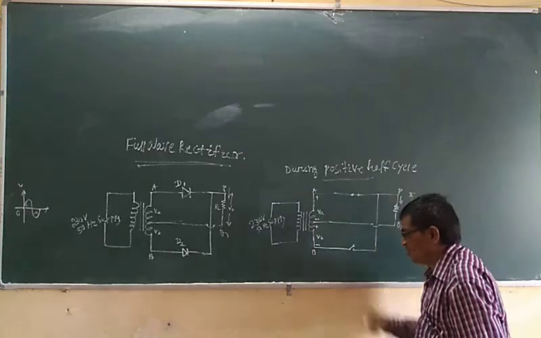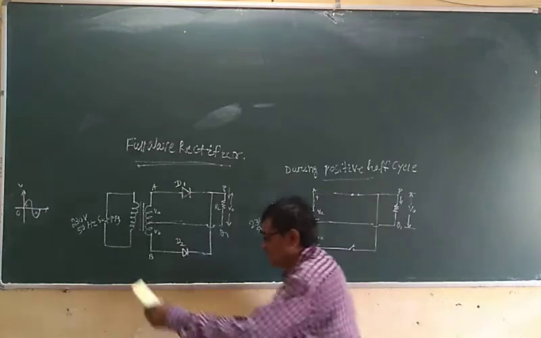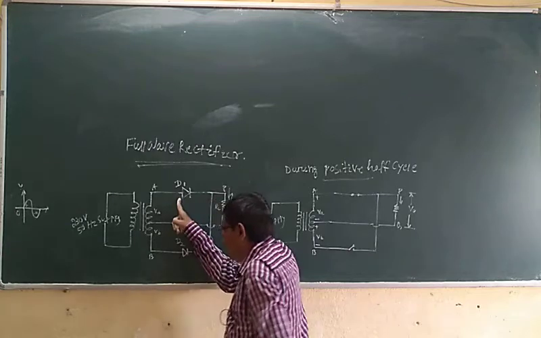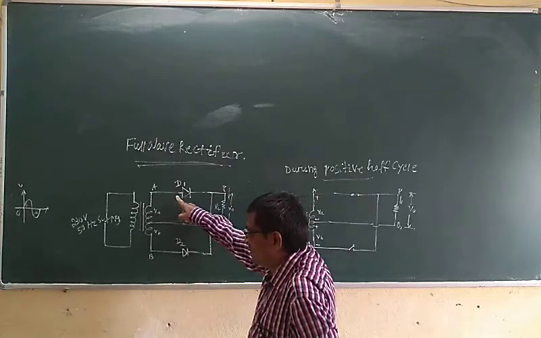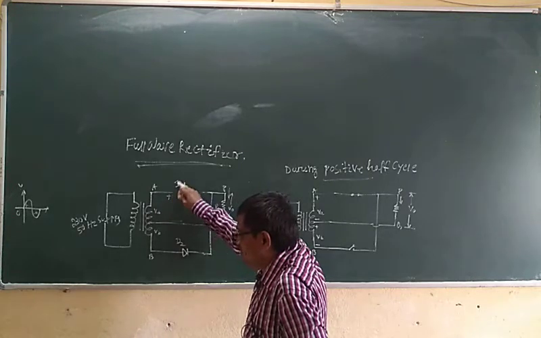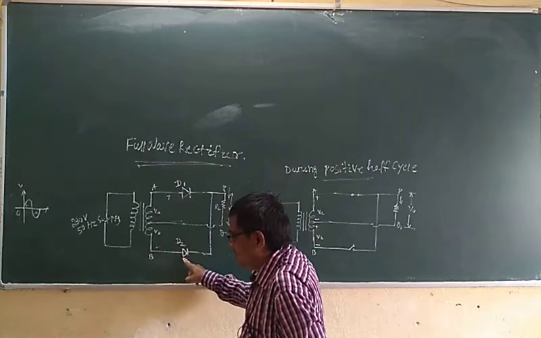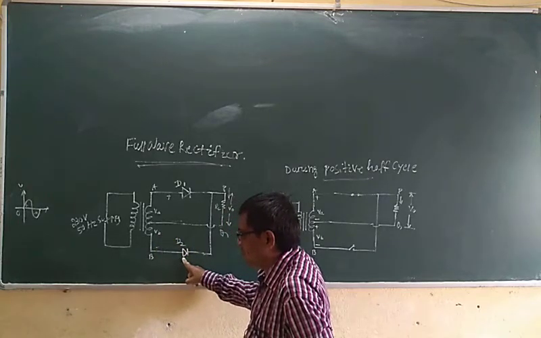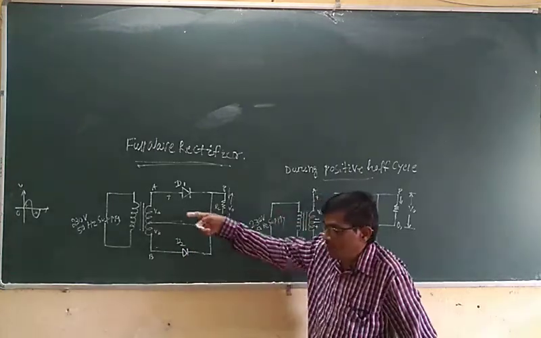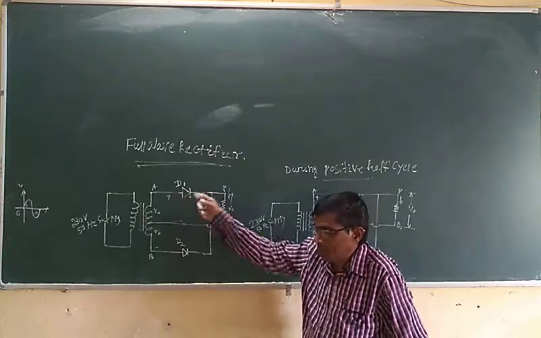Now consider the positive half cycle. Suppose this is the positive half cycle; the diode D1 is forward biased because positive is connected to the anode of the diode. At that time, the other end will be negative, so the diode D2 is reverse biased. Reverse biased is also known as open circuit, and forward biased is also known as short circuit of a diode.